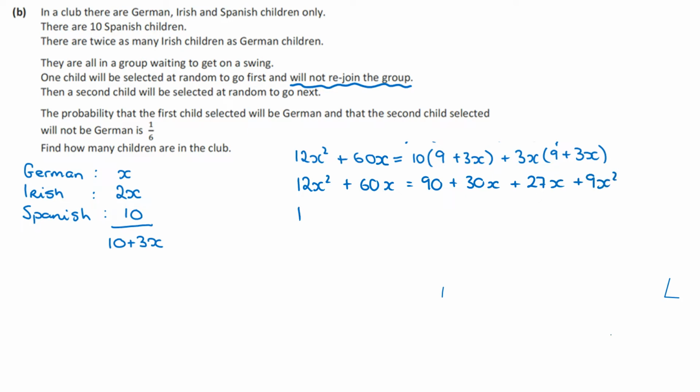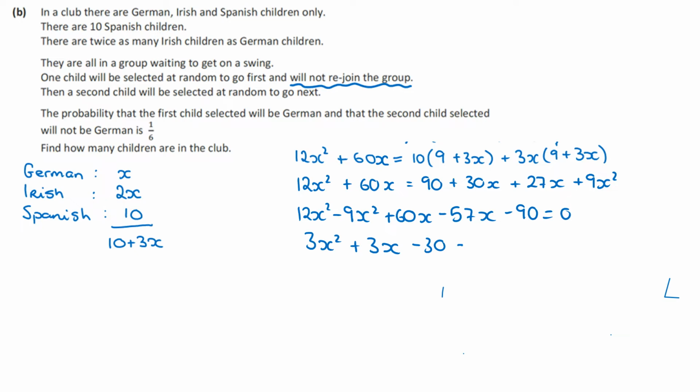It's quadratic, so we're going to bring everything over to the left hand side. 3x squared plus 3x minus 90 equals 0. I'm a step ahead of myself. We're then going to divide across by 3 to simplify the equation. We get x squared plus x minus 30 equals 0.